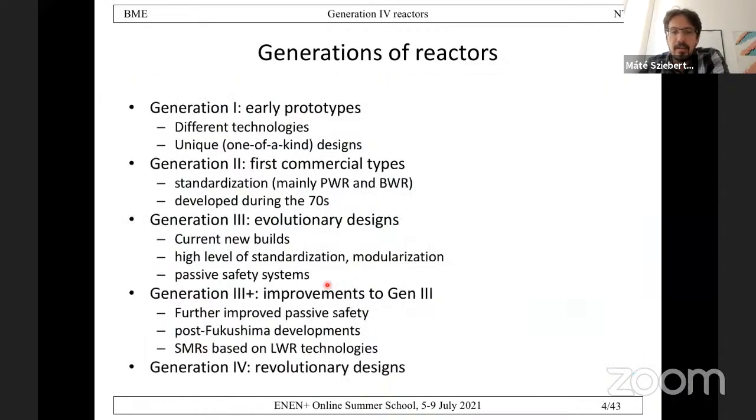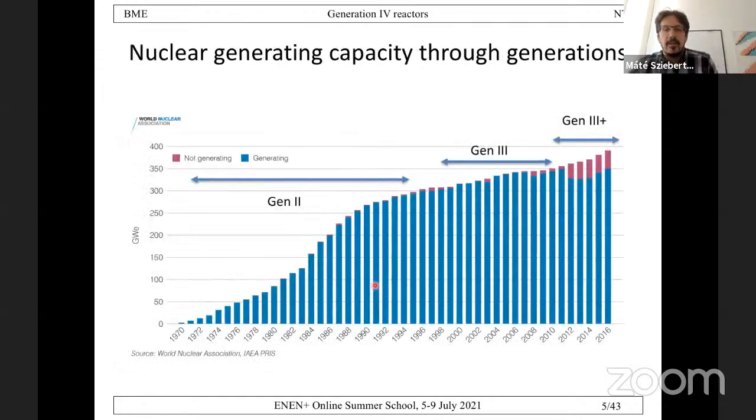So these are summarized on this slide, and I also wanted to show you how the installed nuclear generating capacity developed through these generations of reactors. This is what you can see. Generation 2 is in fact a very successful generation, with an immense increase in nuclear generating capacity through the 70s and the 80s.